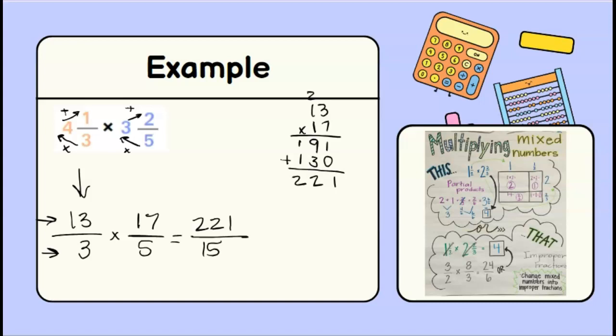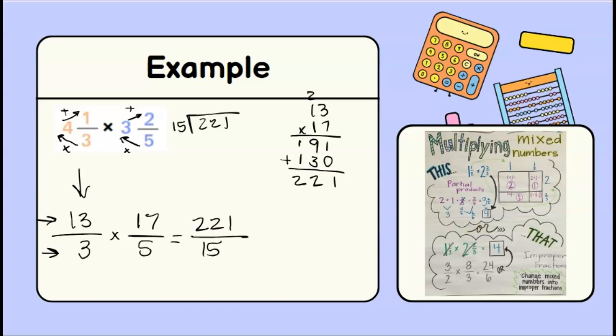Or I can think, how many times can I multiply 15 to get close to 221? I know that these numbers are a little bit bigger, so I'm actually going to do some long division to help me figure it out. 221 divided by 15.